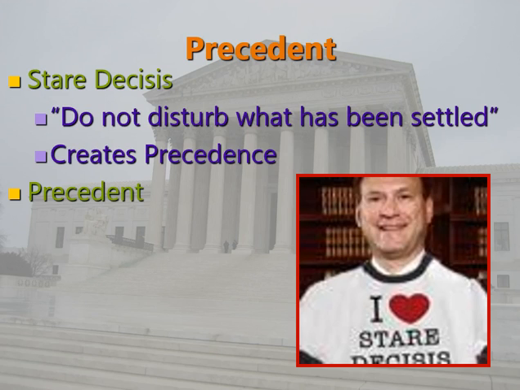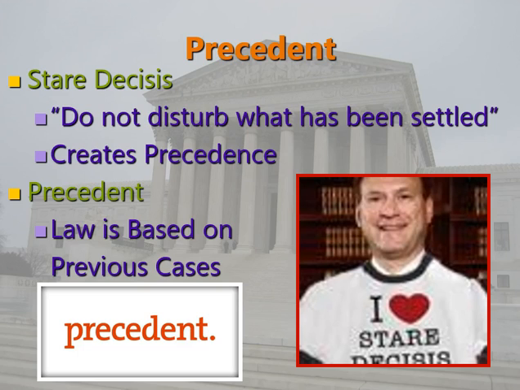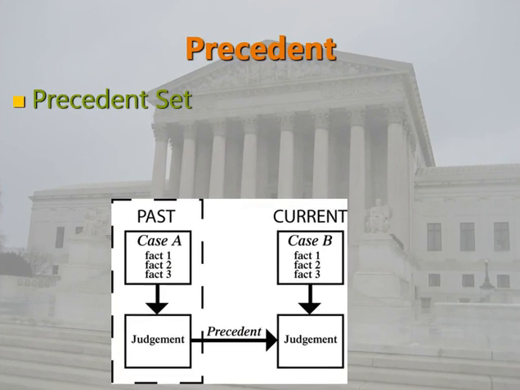Basically saying if we've already reviewed the facts of the case, if we've already looked at all the evidence, we've already ruled on one case, every future case should be settled in exactly the same way. And when we settle it exactly the same way, we are creating what is known as precedent. Laws in the American legal system and most of the Western world are based off of the idea of precedent. Once we settle a case, once we come to a conclusion on a case, all future laws will be based on the previous cases. So let's look at the diagram below.